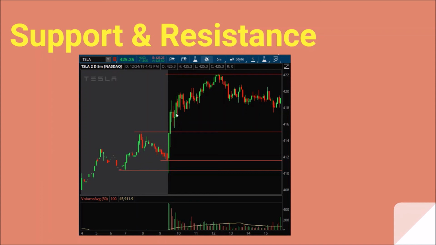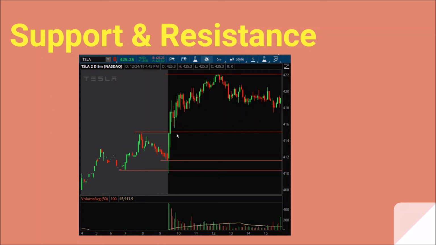So we can use support as stop and resistance as exit, and hold the trade till we hit the resistance or when the price makes lower lows, or stop out at support lines.